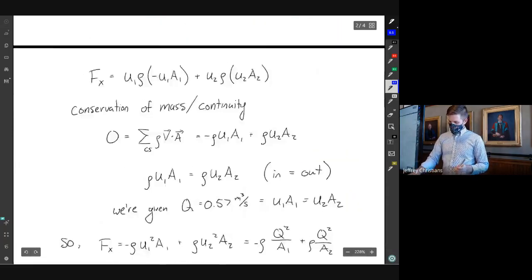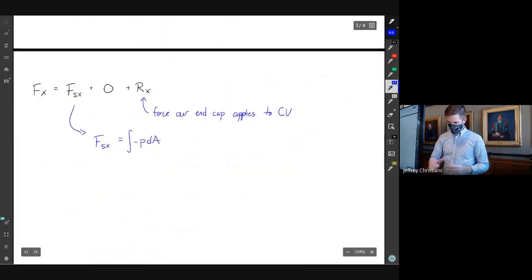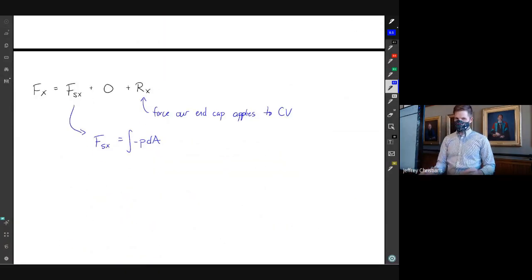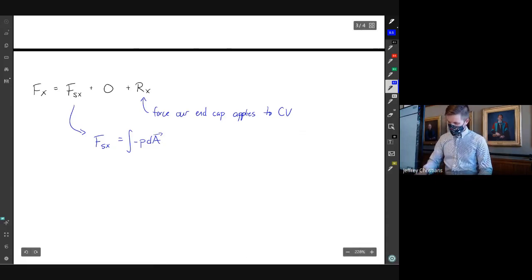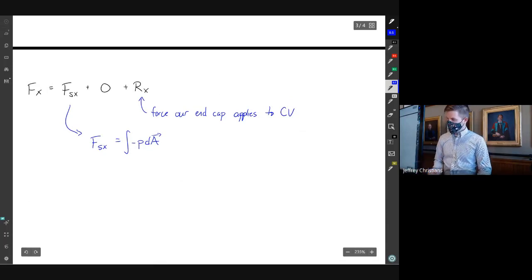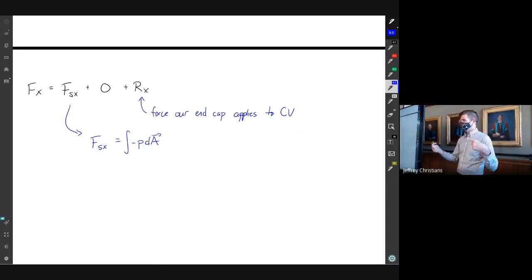So on surface 1, again, we use this kind of notation to keep our sign conventions working right, but pressure is always going to be pushing in.